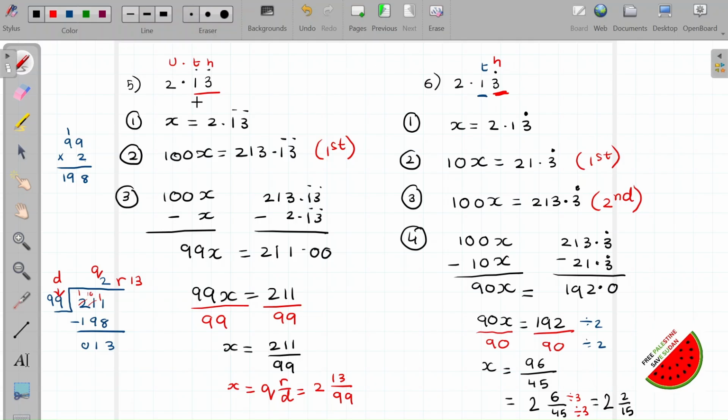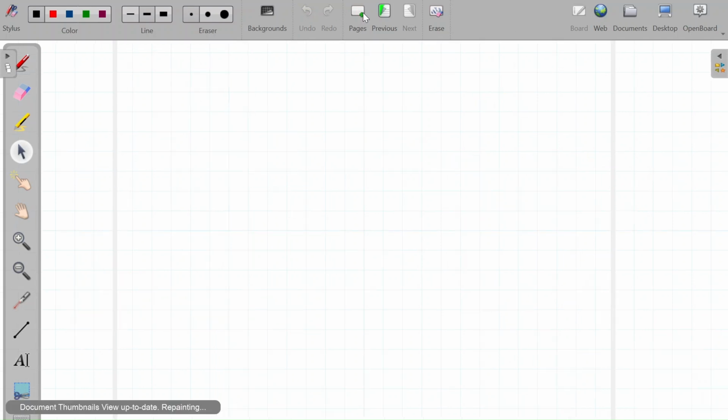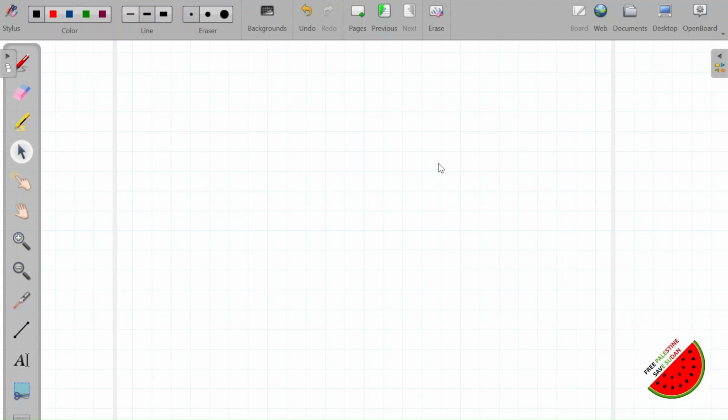One last example, right? Oh, could I just take a copy of this? There we go. Right, one example where we have a number, let's say 0.1325.